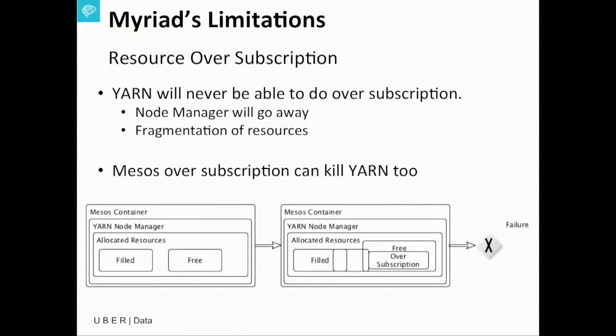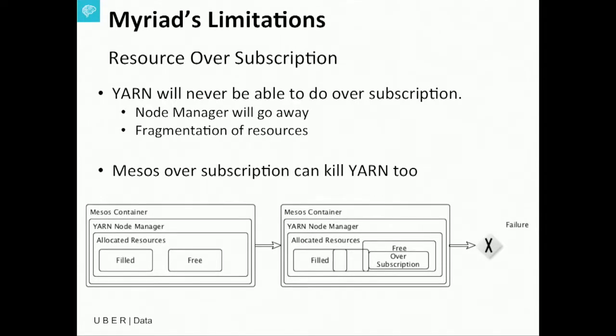In this case, if I'm using Myriad, then I can't do that, because Node Manager runs in a Mesos container in the Myriad world. If I want to oversubscribe the Hadoop workload and I do that, it pretty much goes and kills the container. It's not just killing the application container.